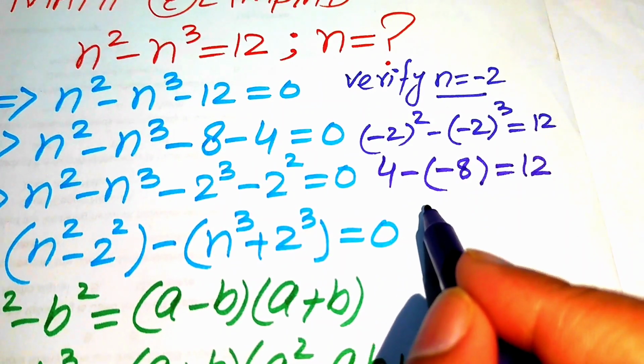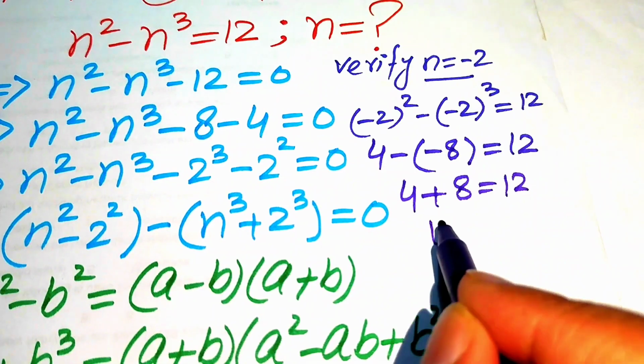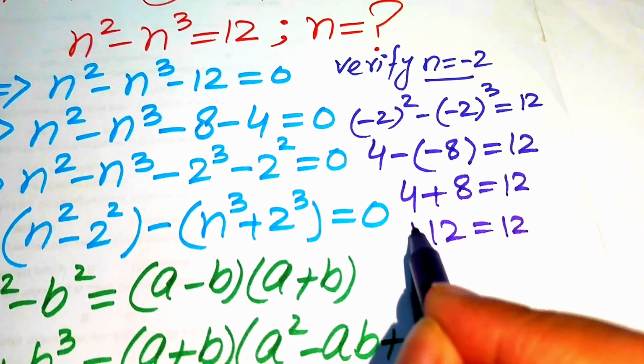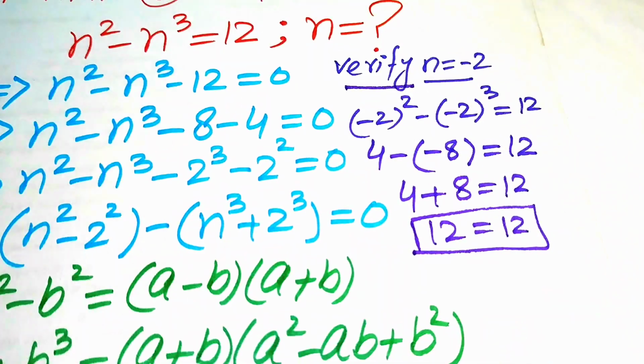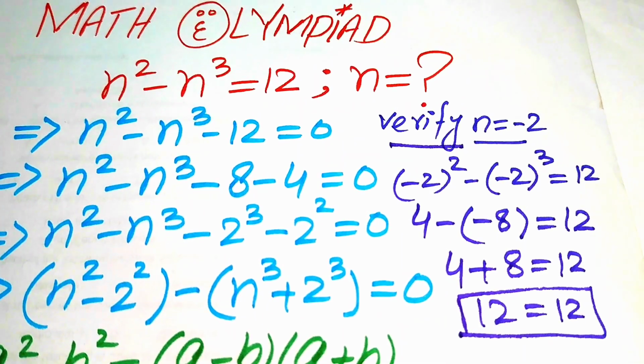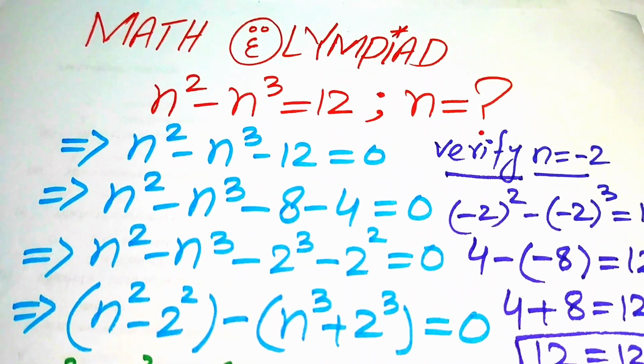Minus times minus becomes plus, so 4 plus 8 equals 12. So it becomes 12 equals 12. This shows that n equals -2 satisfies our given question statement, so n equals -2 is the only real solution of the given question, and this is the final answer.